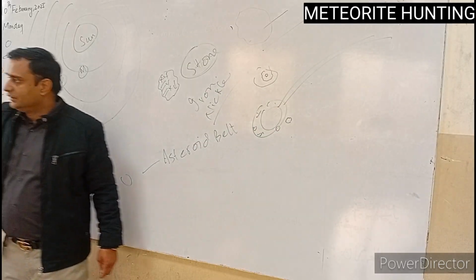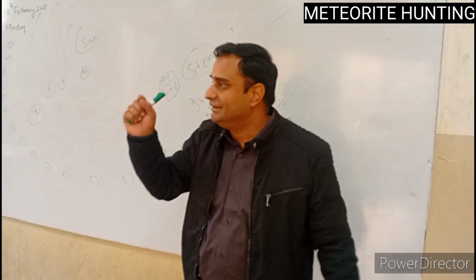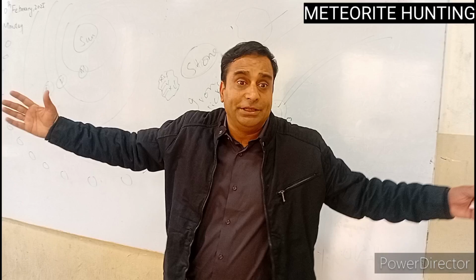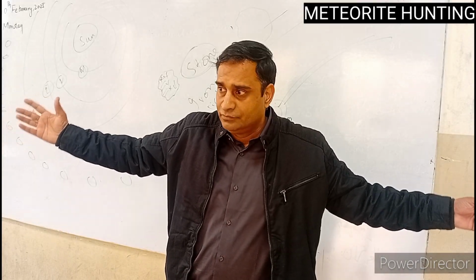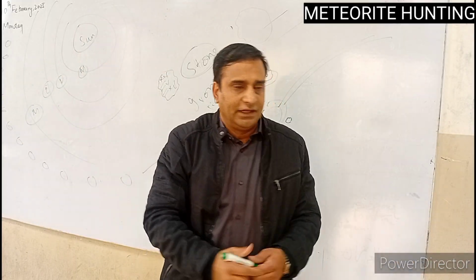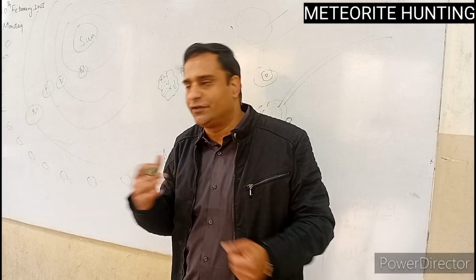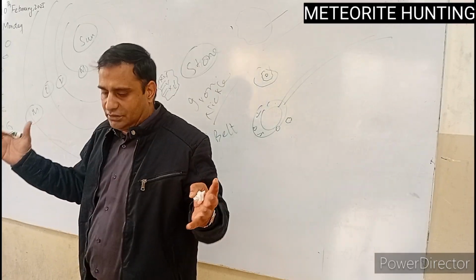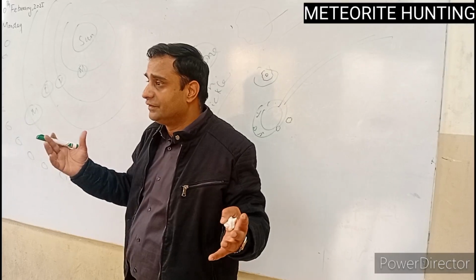The asteroid that wiped out the dinosaurs was 10 kilometers long. So it impacted the earth, and once it impacted the earth, there was a chain of events that started, and all the dinosaurs vanished from the face of the earth.